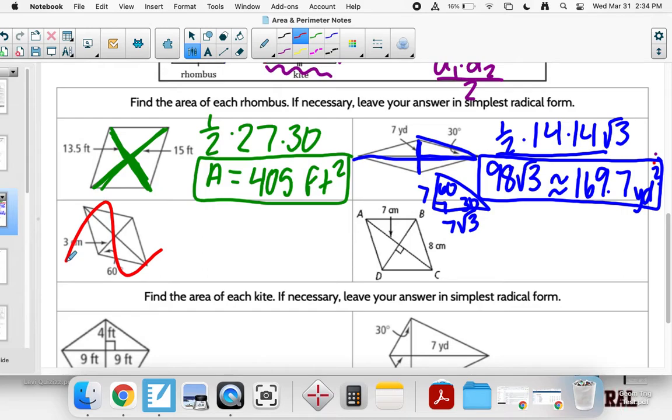Okay. This rhombus, how much is that whole diagonal? 14. So we have half times 14 times the other diagonal. Is this other diagonal 14? Are the diagonals the same?